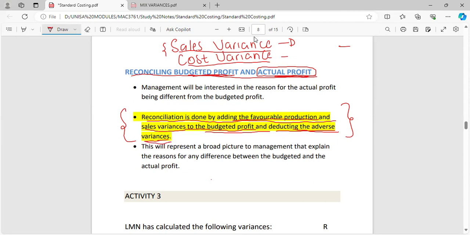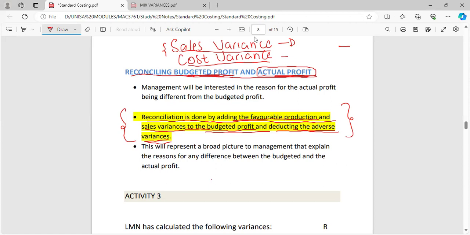So in a question, it's going to be very easy, which means once we are done with the calculation of the sales and the cost variances, we are now going to reconcile our budgeted profit using our sales variance and the cost variances.